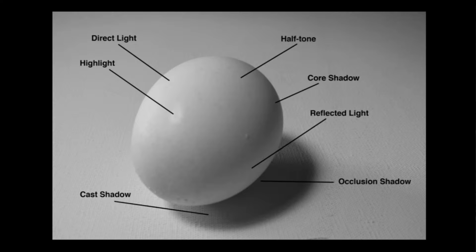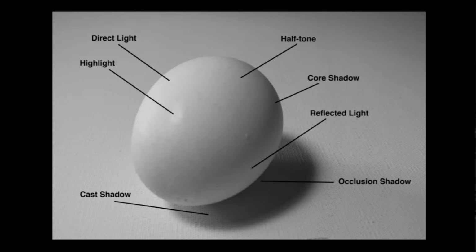And then we have the highlight. The highlight is the very lightest point in the object or subject. And very interestingly, highlights move. Why? Because the highlight is the point where the light is hitting directly and getting reflected back to our eyes.